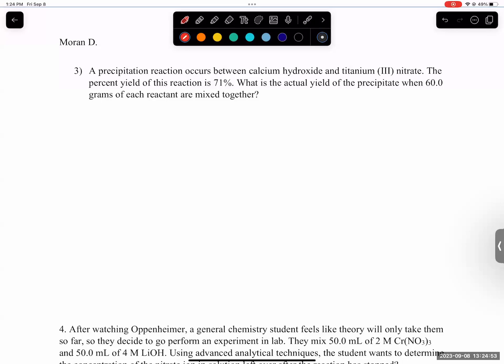Apparently you saw it on a test last semester. Is indeed another problem where you gotta know your solubility. Oh, how's it going?